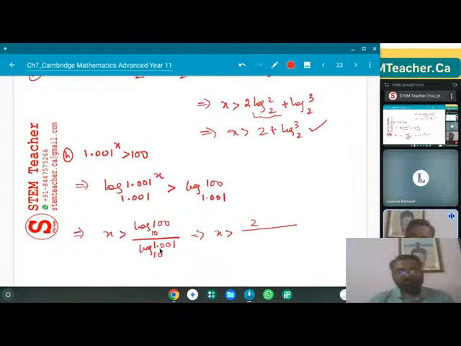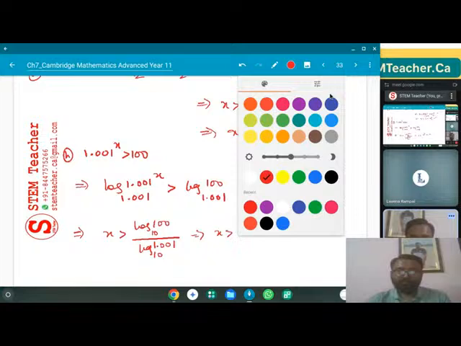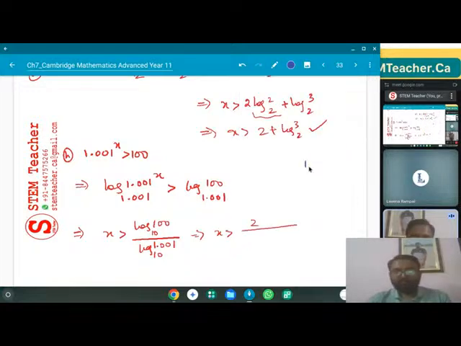Now, 1.001 can be written as 1001 by 1000. We can't go further, it's a log question, or otherwise you have to keep it like this only.